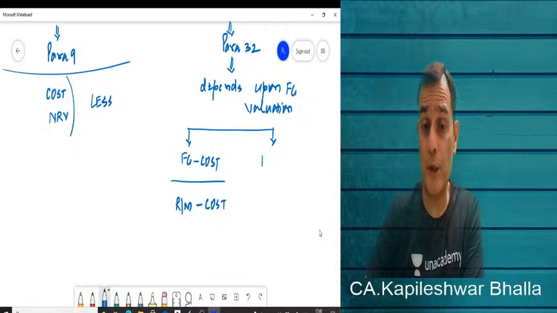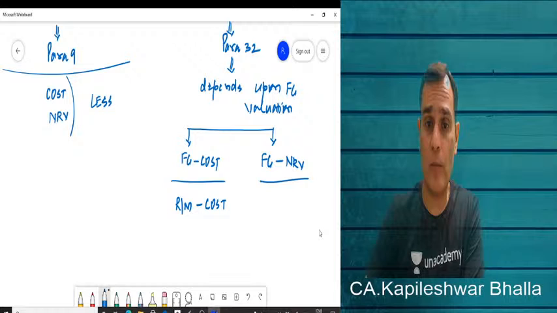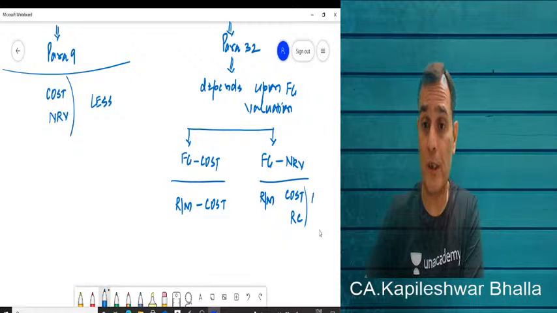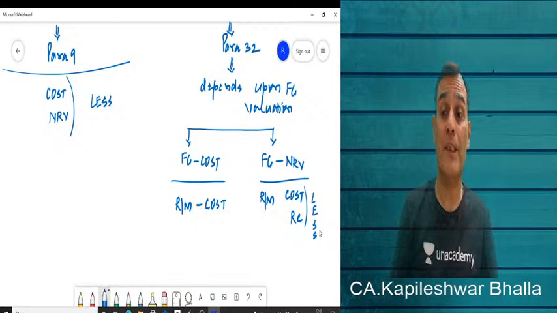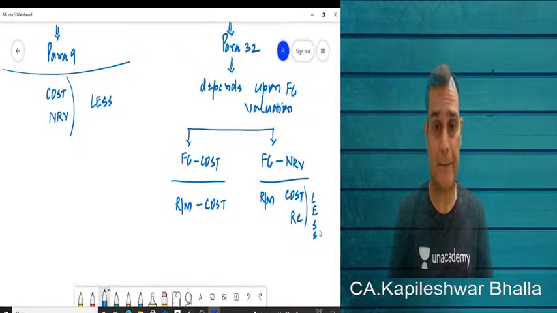And case number 2 is when the FG is measured at NRV, then the raw material is going to be measured at, remember, cost or replacement cost, whichever is less. It is not NRV, it is cost or replacement cost, whichever is less.